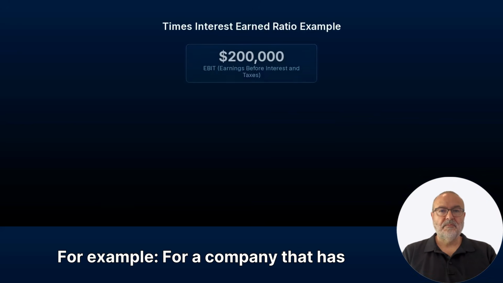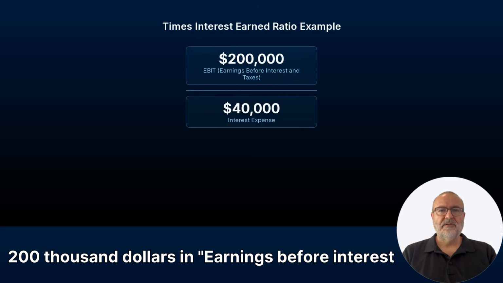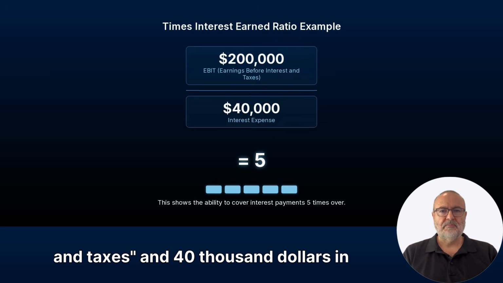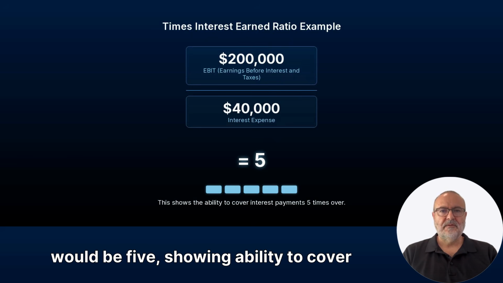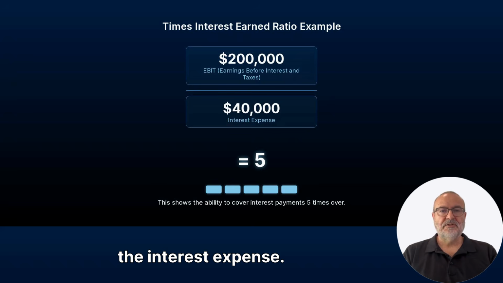For example, for a company that has $200,000 in earnings before interest and taxes and $40,000 in interest expense, the times interest earned ratio would be 5, showing ability to cover the interest expense.